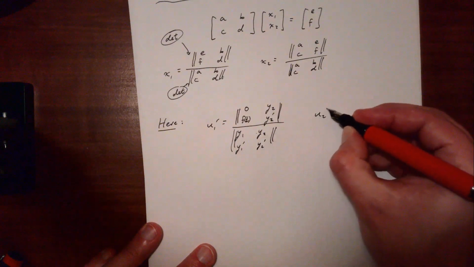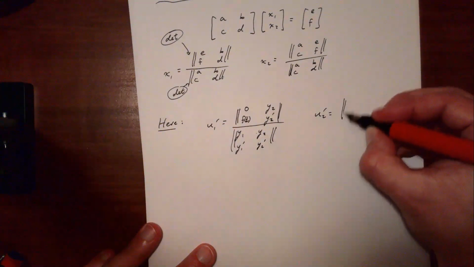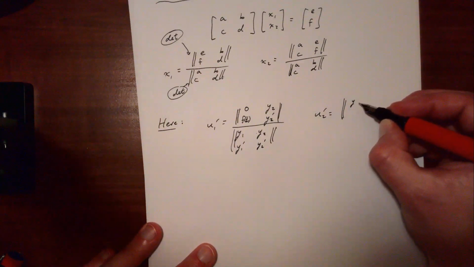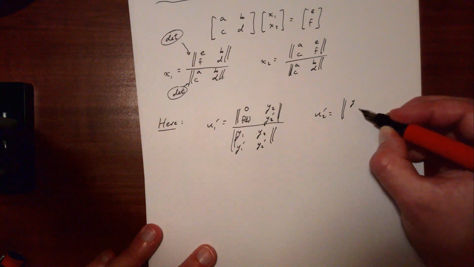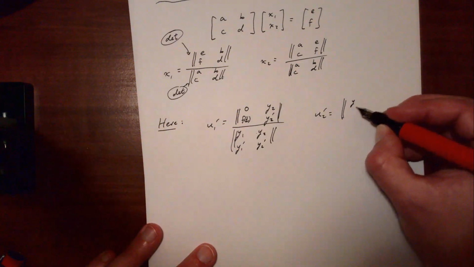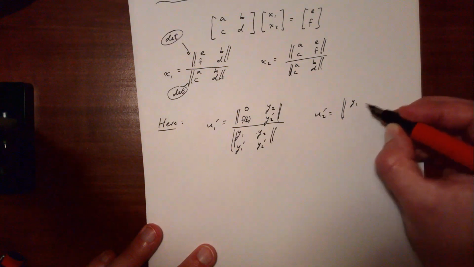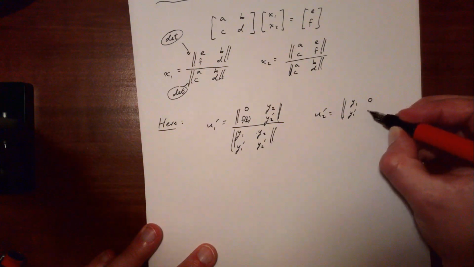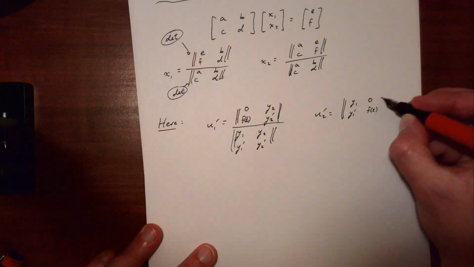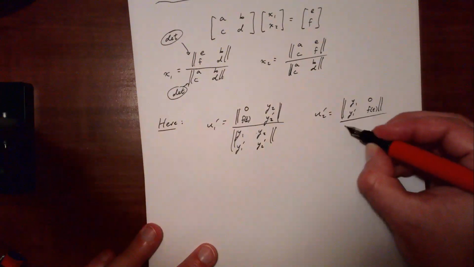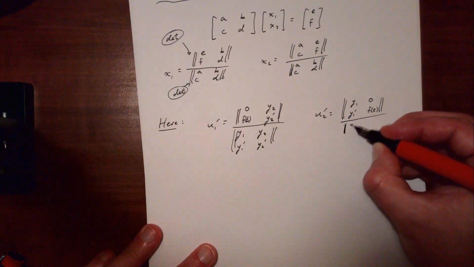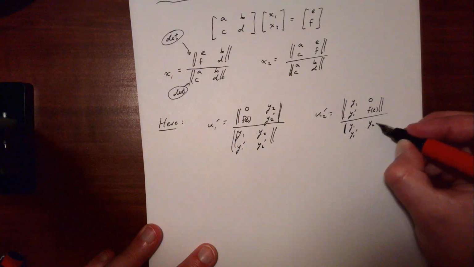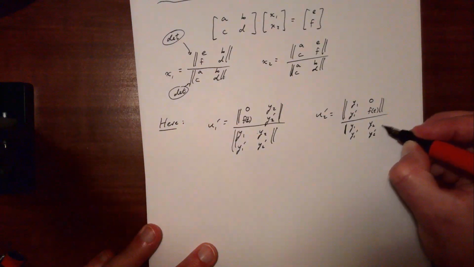And u2 prime would be equal to a very similar expression, just with a different column replaced by 0 and f of t. So we'd have y1, 0, y1 prime, f of t, the determinant of all that, divided by the determinant of y1, y2, y1 prime, y2 prime.